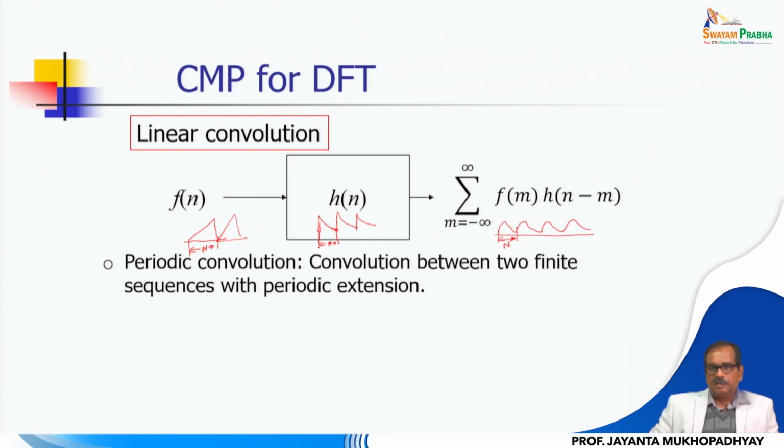So the advantage here is that you can define convolution using only the finite sequence related to one period, and from there you can compute the periodicity. For that kind of convolution, it is sufficient to compute only N values, N consecutive values that will define the period.